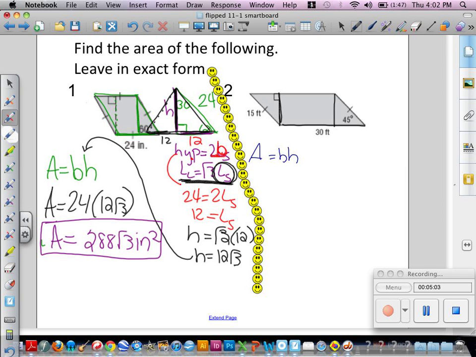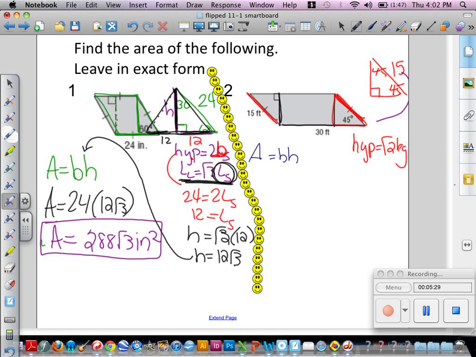This is going to be 45. That's 45, and this is 90. Opposite sides are parallel on a parallelogram, so that's going to be 15 right there. In our 45, 45, 90, our hypotenuse equals root 2 times your leg. And 15 is my hypotenuse.